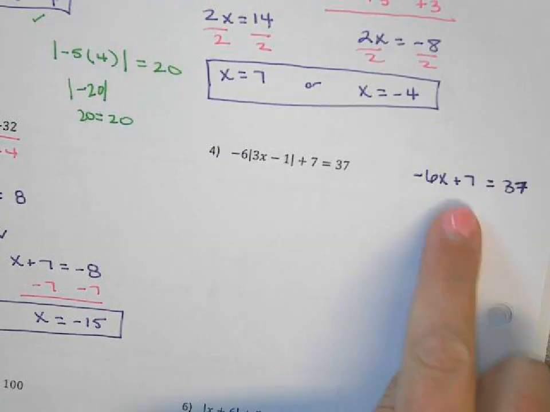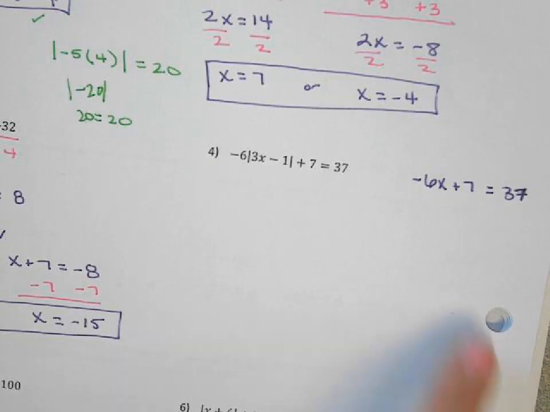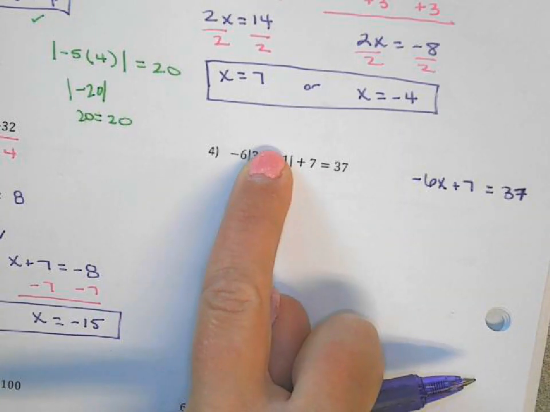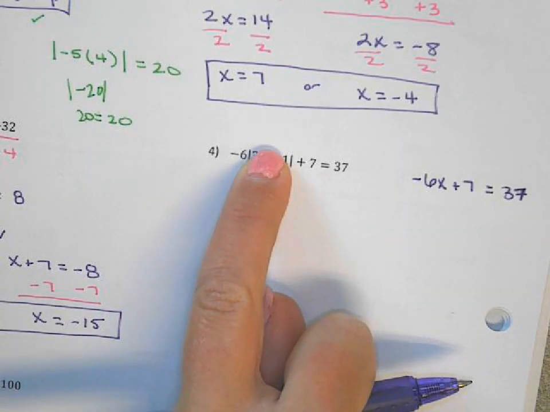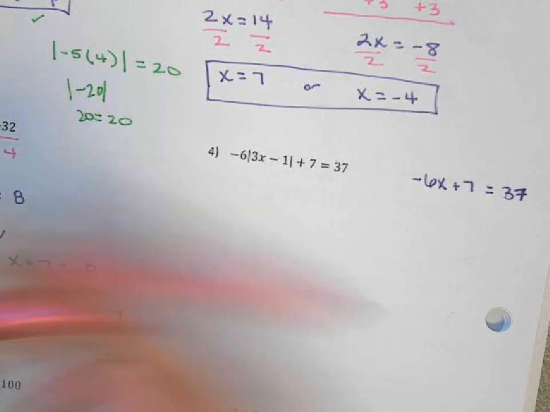You were going to subtract the 7 first and then do what? Then you divide by that negative 6, right? So you're going to think about this, even though you're looking at this big jumbled mess. If I had negative 6 times a variable plus 7, and I'm trying to get that variable alone, I would just start by subtracting the 7.